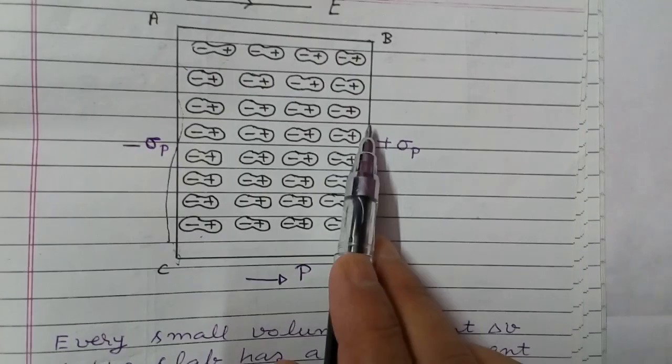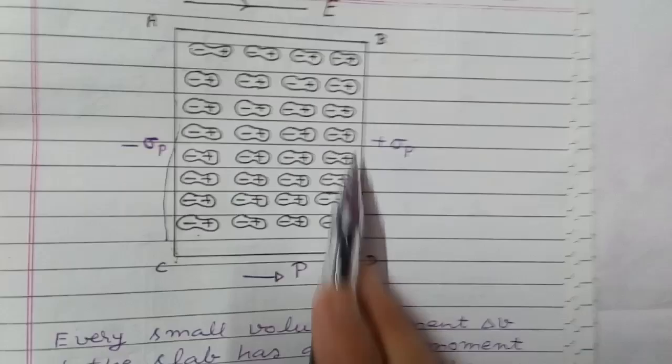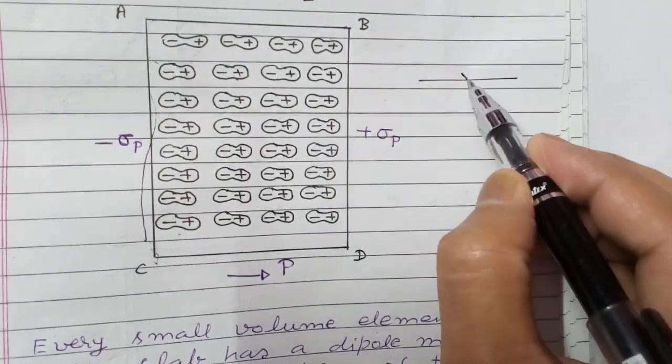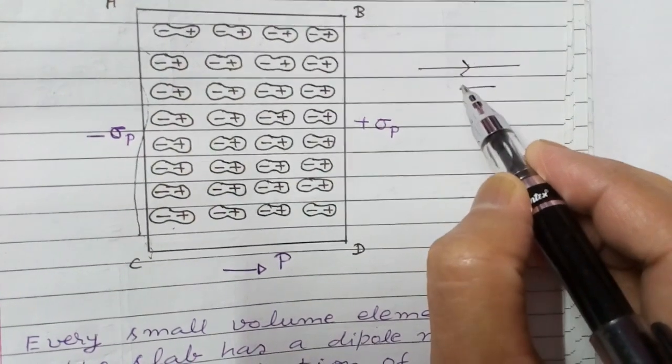Now direction of this field from BD surface to AC surface means in the opposite direction of field, like this.